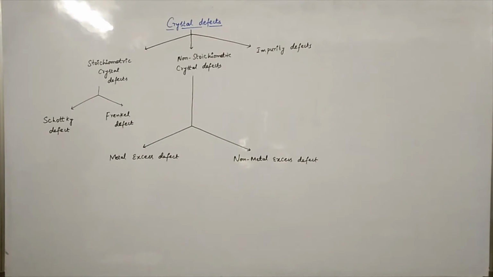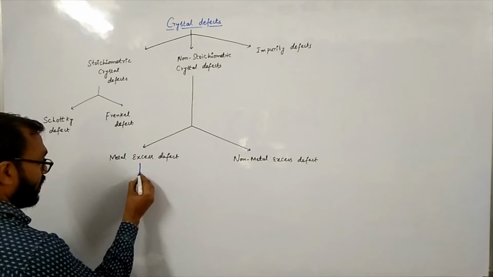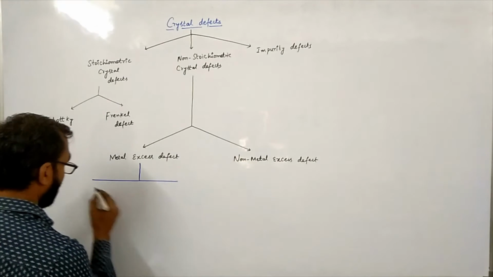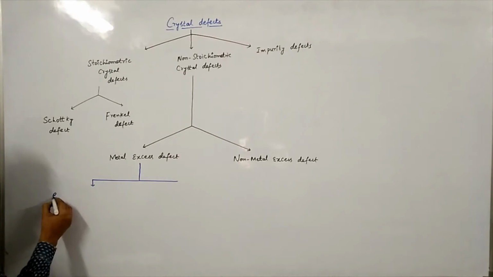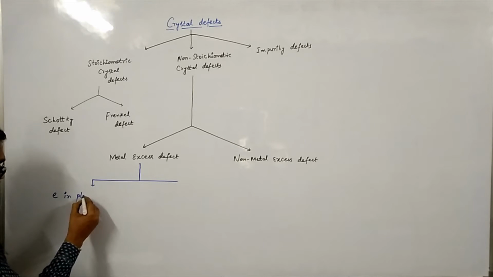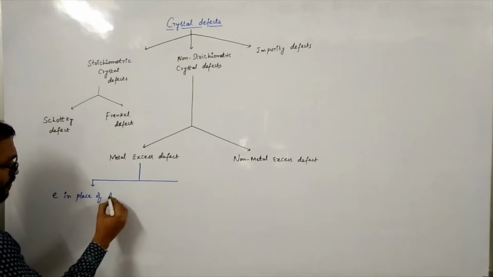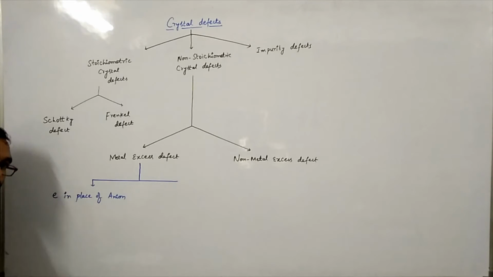Metal excess defects are again classified into two types: electron in place of anion, and extra cation. Electron in place of anion means the anion is missing.